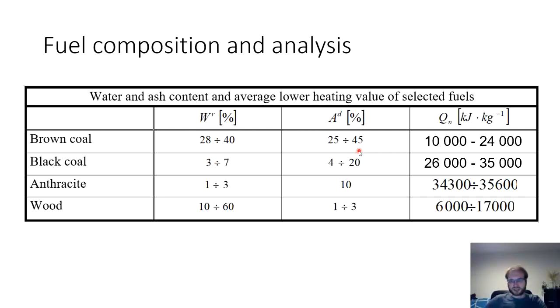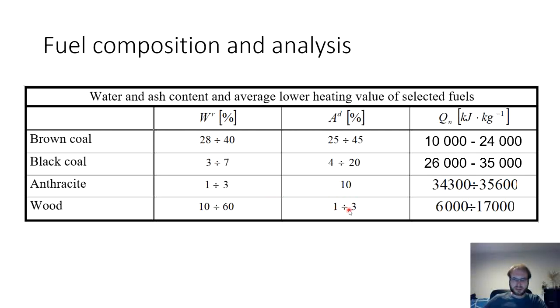That's what I was talking about, that brown coal for power plants is basically just dirt, and the combustible content which burns is very small. Then for black coal and eventually anthracite, the ash content is getting lower.